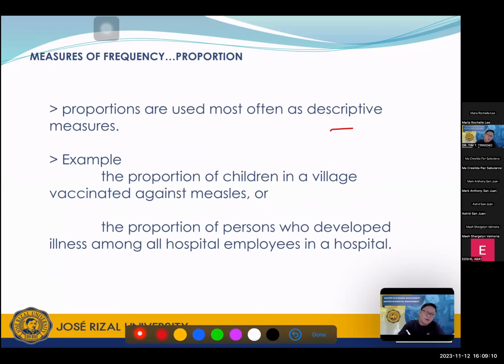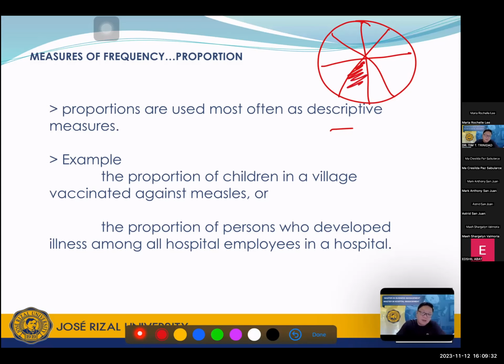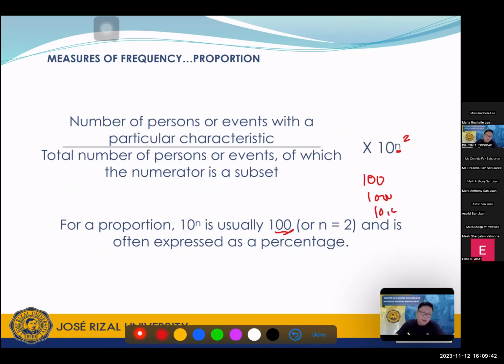Okay. Or like for example, yung pie na lang. This is a pizza pie. So if you divide this one into 8, usually 8, di ba? Ang pizza, 1, 2, 3, 4, 5, 6, 7, 8. Okay. So if I get this one, so what will be the proportion of this pie compared to the whole? 8 slices.